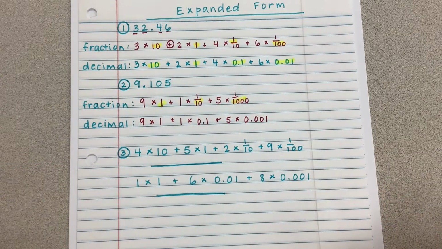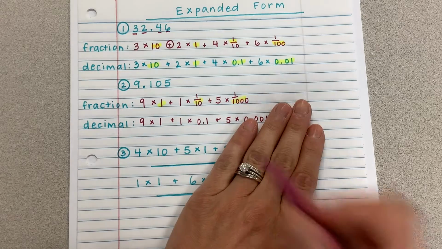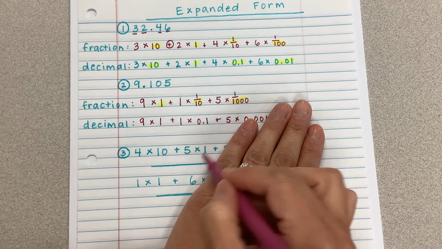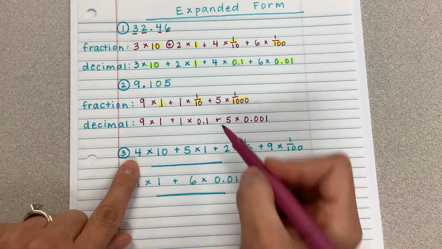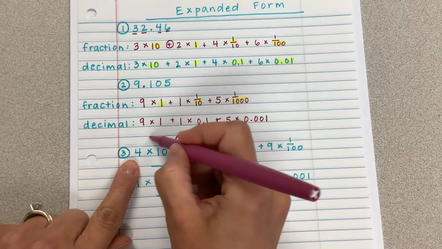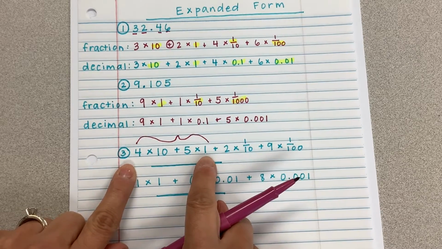Okay, now the last problem I think is actually really fun. It's kind of like a guessing game. So I'm going to take a look first at this part over here. And I'm going to see what my whole number is. So these are my whole numbers over here. So I've got 4 times 10, which I know is 40. And then I have 5 times 1, which is 5.